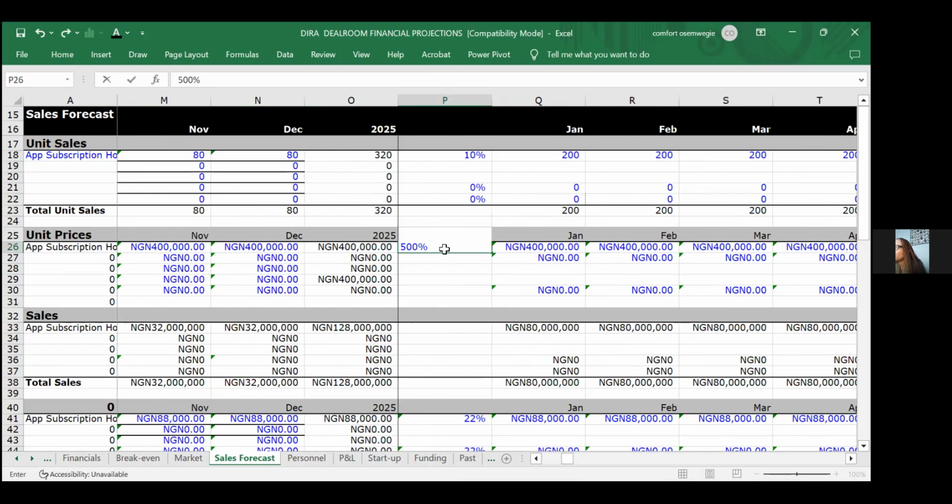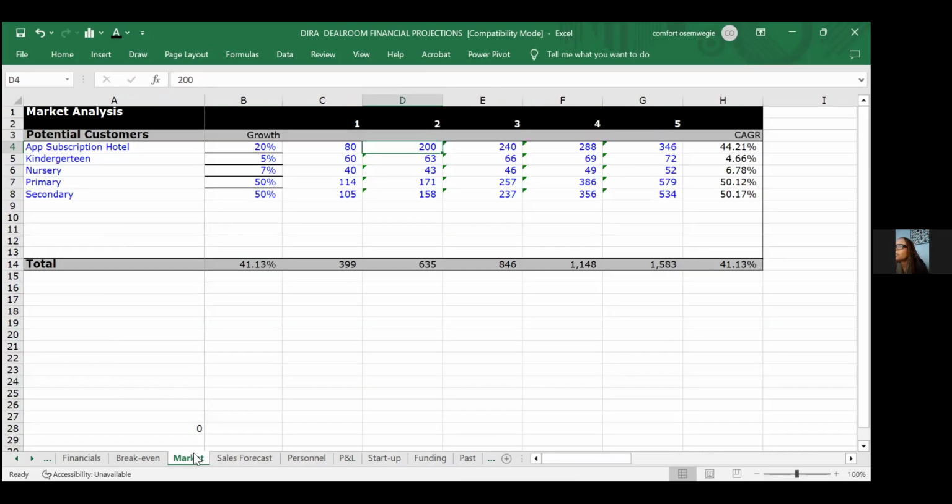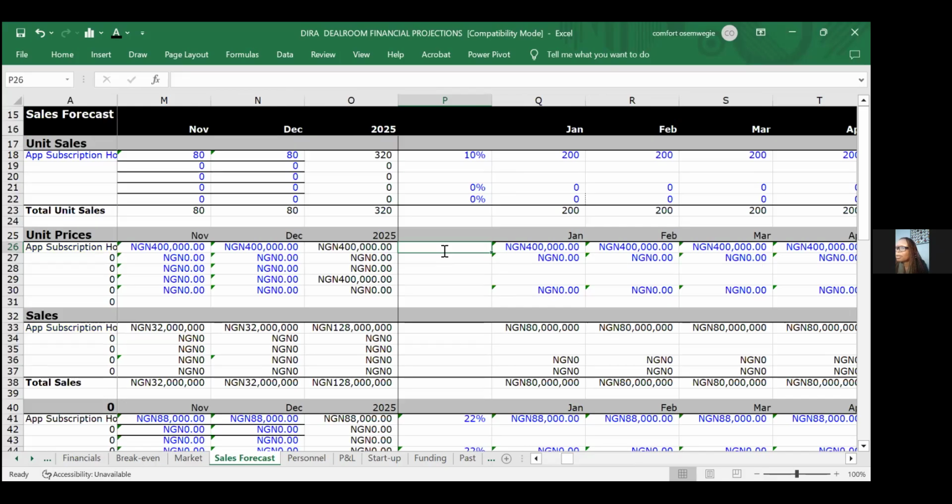We say we're going at what rate? 20% interest. So we're doing a 20% interest.